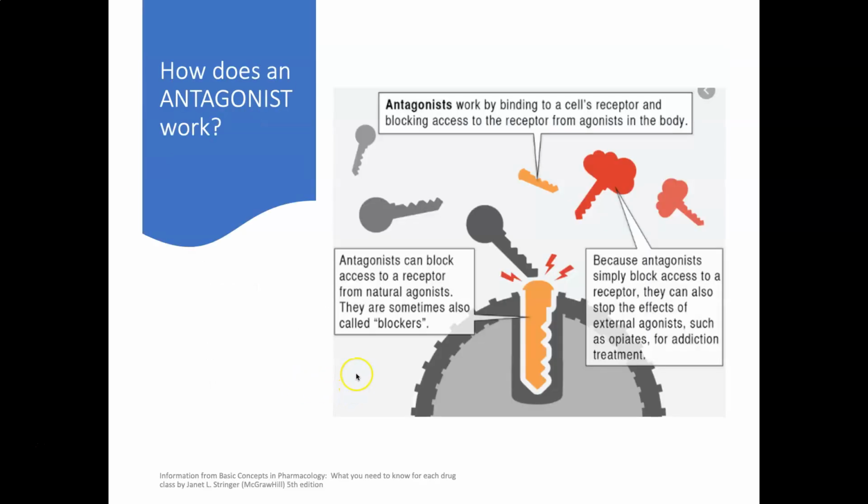So let's look at this visual. The golden pin here is the antagonist. It binds to a cell's receptor and blocks access from all agonists, whether they are the gray natural ones or whether they're the red man-made ones.